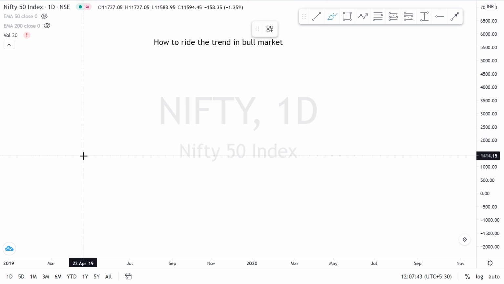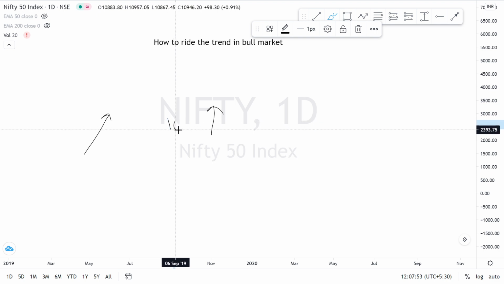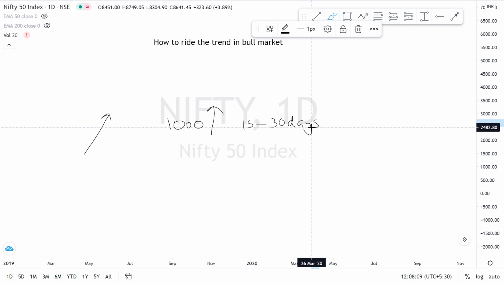When the market goes up in a bull market, the rise is slow and steady. I'm talking about Nifty in its current volatile, high momentum state.